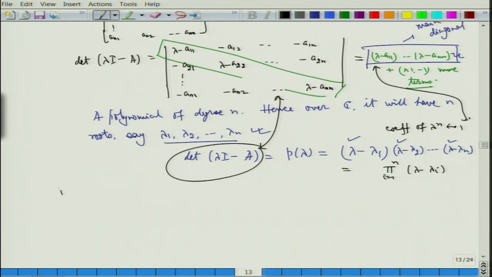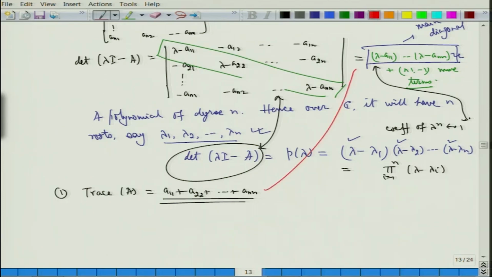So, first thing is, what about trace of A? How do I get trace of A? What we know is that trace of A is nothing but A11 plus A22 plus up to ANN. All right. Now, where does that term appear? It appears at this place. Look at the main diagonal here, fine. Look at the coefficient of lambda to the power n minus 1.